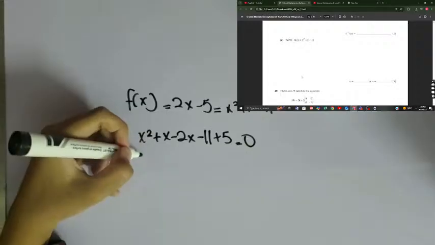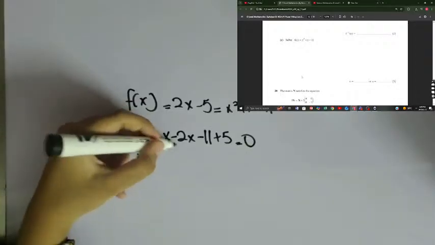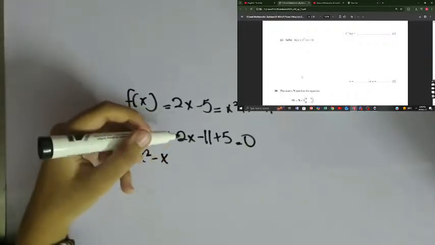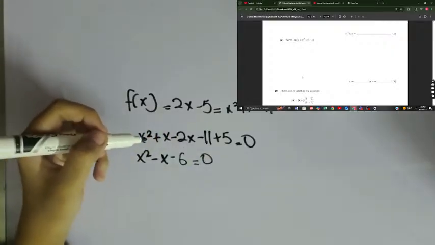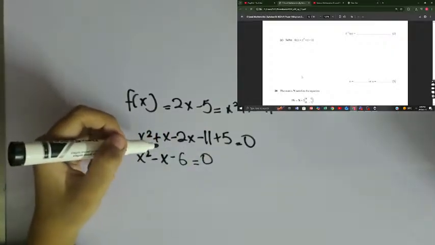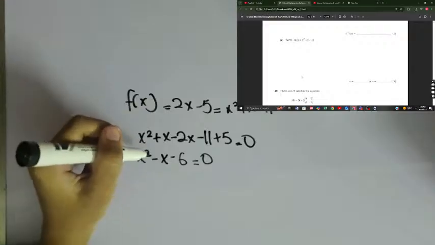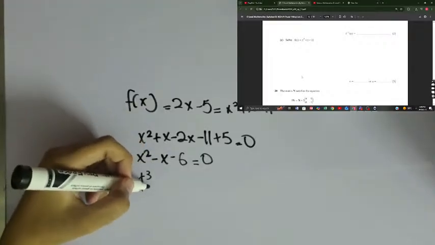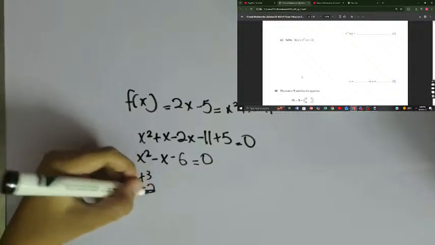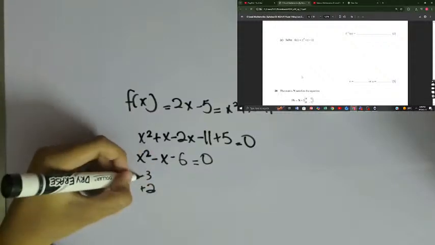Now let's solve for x. X squared plus x minus 2x is minus x, and minus 11 plus 5 is minus 6, and now we need to solve for x, so we'll do the middle term break. We could have 3 and 2, however, minus 3 and plus 2 could work.